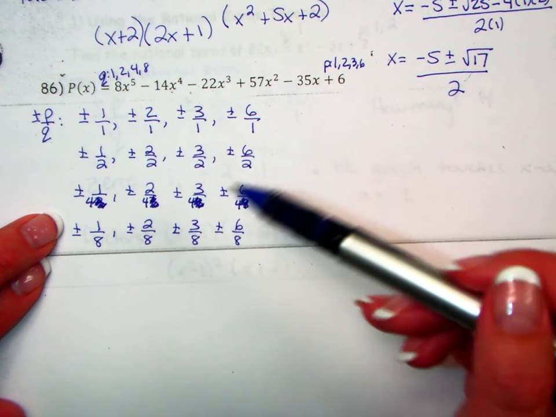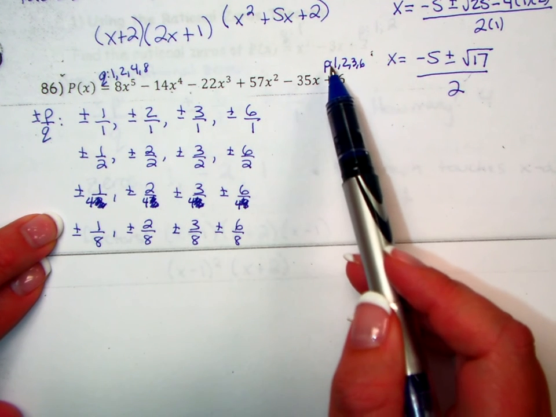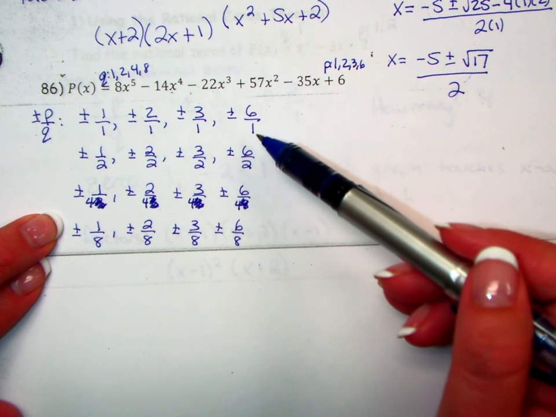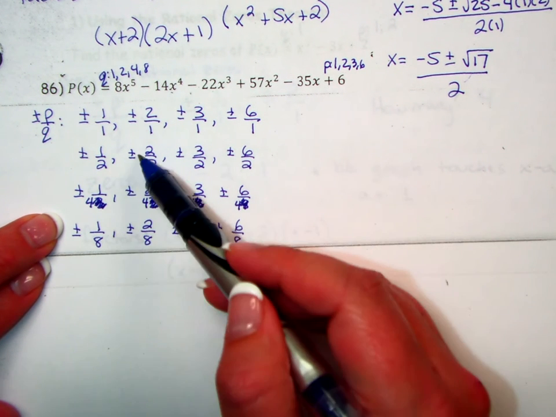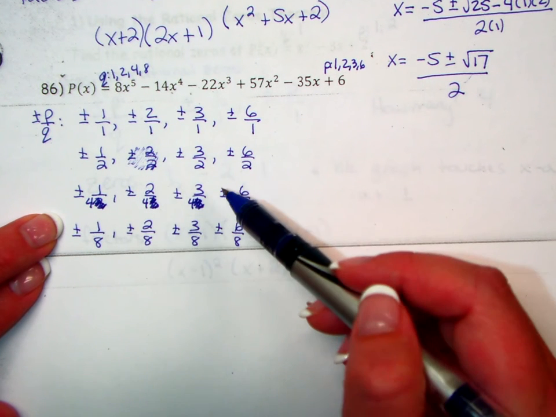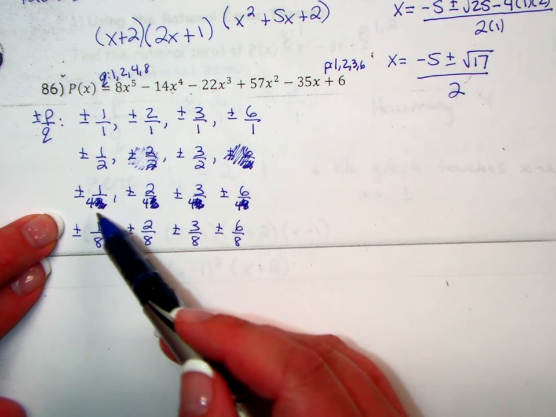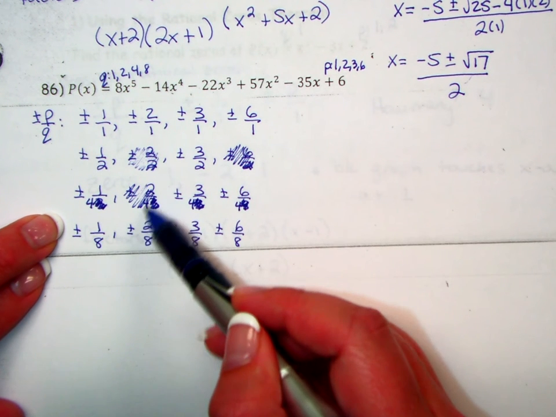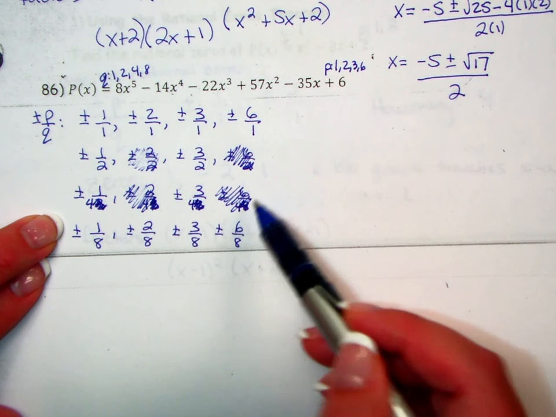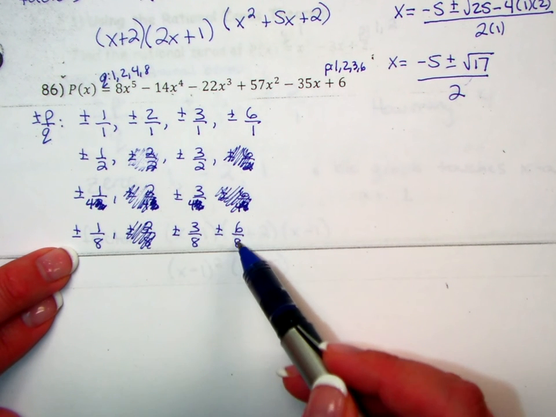Now, these have duplicates in them, so I'm going to cross off my duplicates. Actually, let me make sure. Do I have only P values on top? 1, 2, 3, 6. And only Q values on the bottom. 1, 2, 4, 8. Okay. Now crossing off the duplicates. 6 over 2 reduces. 1/4. 2/4 is 1/2. 3/4, no. 6/4 is 3/2. 1/4. 2/8 is 1/4. 6/8 is 3/4.